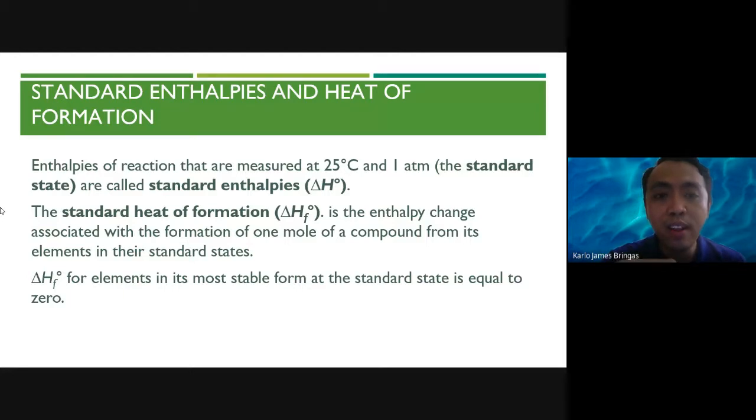When the temperature is 25 degrees and the pressure is 1 atm, you have what is called the standard enthalpy. And for us to know na we're dealing with standard enthalpy, naglalagay tayo ng degree na symbol. So delta H degree tells us na we have an enthalpy measured at 25 degrees and 1 atm.